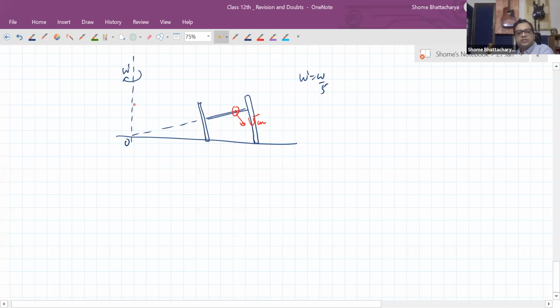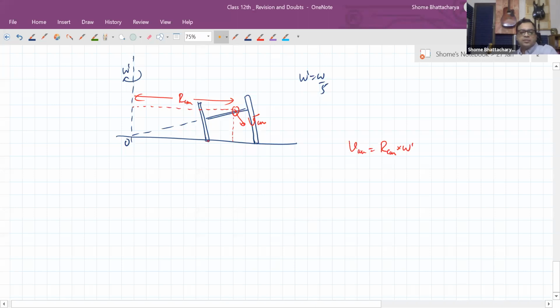So now you can figure out the VCM because this center of mass is describing a circle of this kind of radius, let's say D or capital R or whatever. So this VCM's magnitude will become the radius of the center of mass with respect to the z-axis into the angular speed of the system about the z-axis.